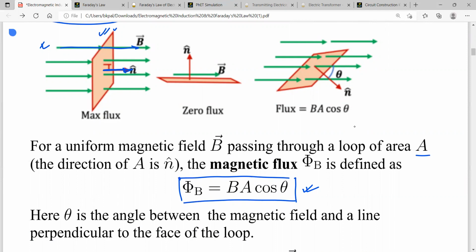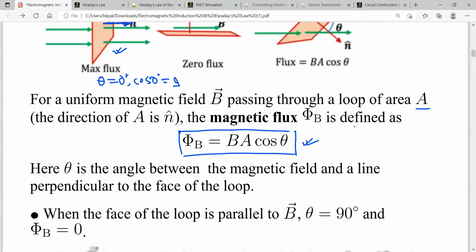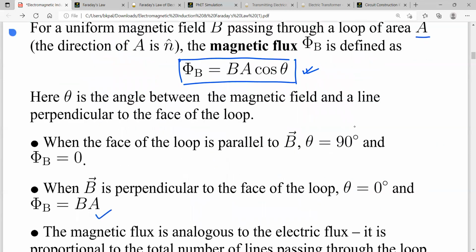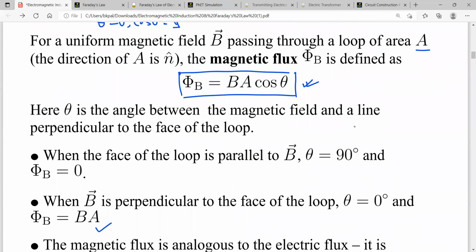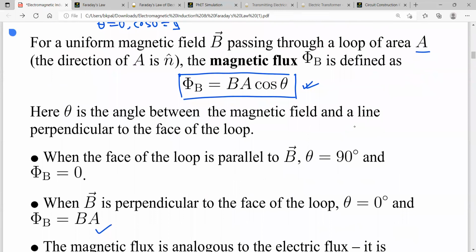So you see that in this case theta is 0 degrees, and cosine 0 degrees is 1. So in this case our magnetic flux will be maximum, equal to B times A, the magnetic field times the area, because cosine theta is 1.